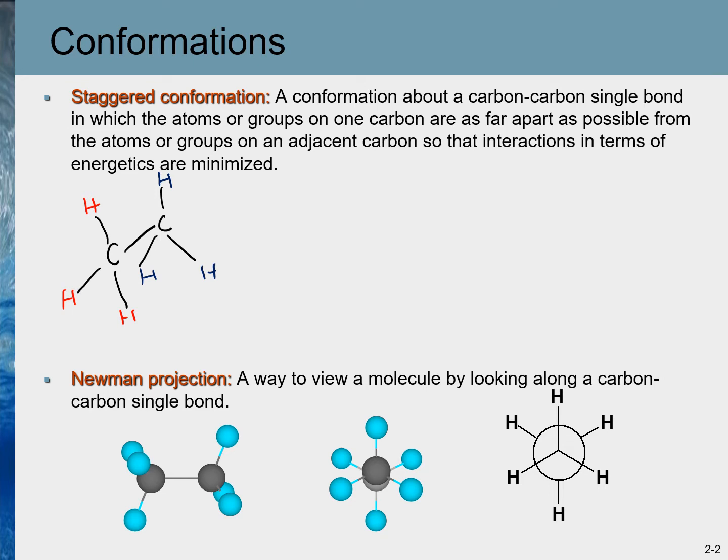Now, because we stated that there is a free rotation about the carbon-carbon single bond, it means this molecule can rotate freely. So when this molecule rotates freely, this hydrogen, which is right behind the red hydrogen, the blue hydrogen, will move to the right hand side slightly. Depending on how many degrees it's rotating, the geometry will be slightly different.